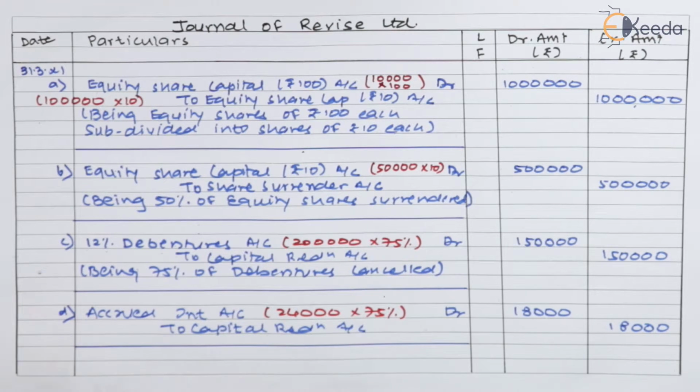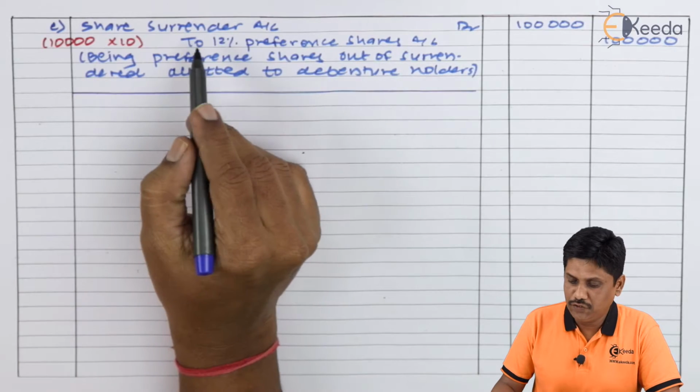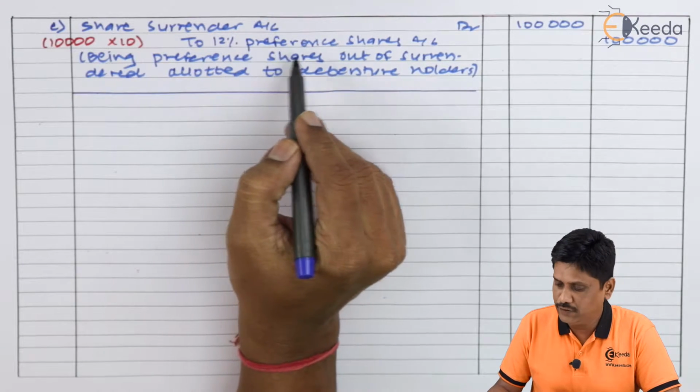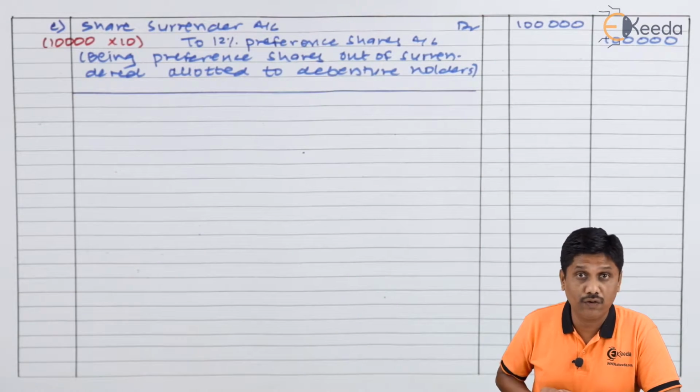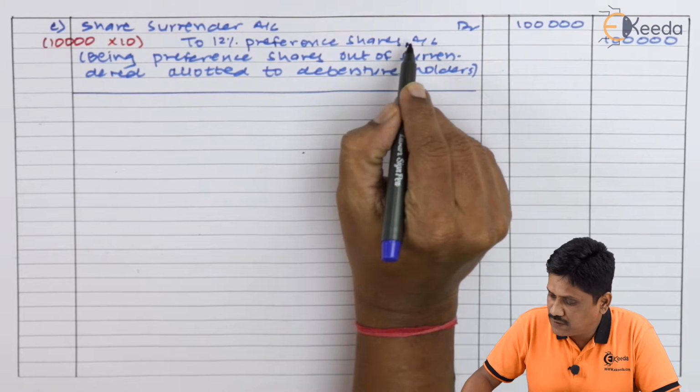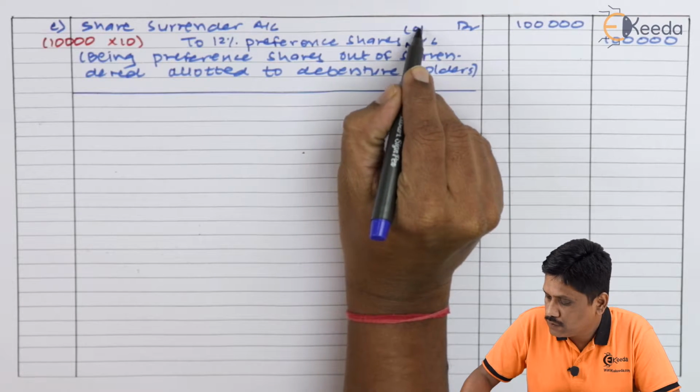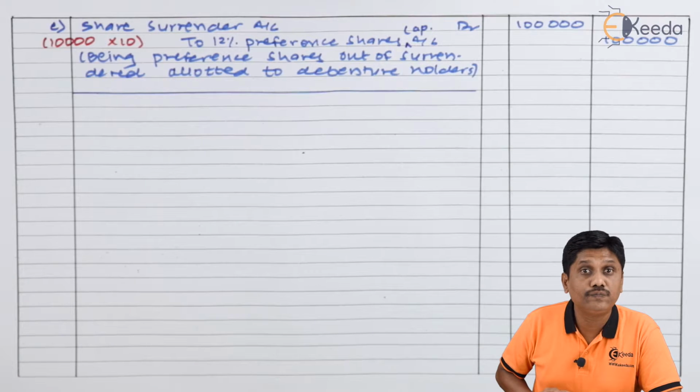Now they are saying in cancellation of this they want preference shares out of surrendered. So my entry will be share surrender account debit to preference share capital account. Let us record the next entry. You can notice the entry: share surrender account debit to 12% preference shares account. Rather, it should be 12% preference share capital account.